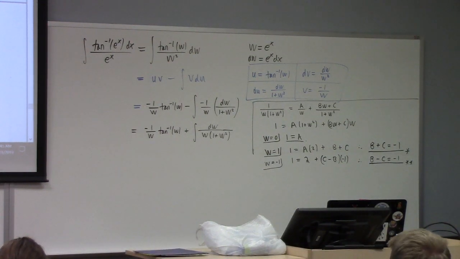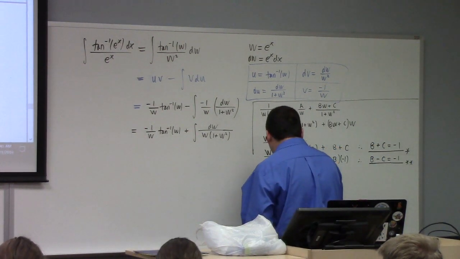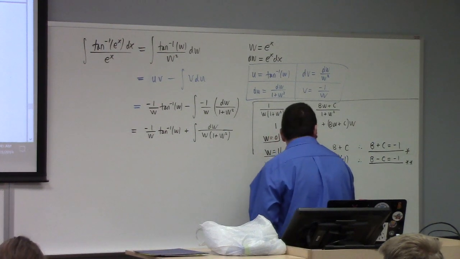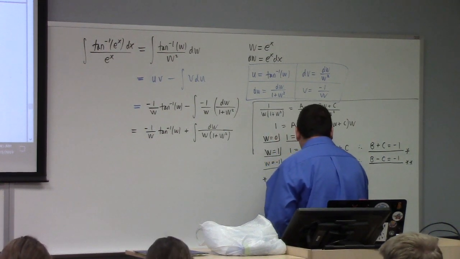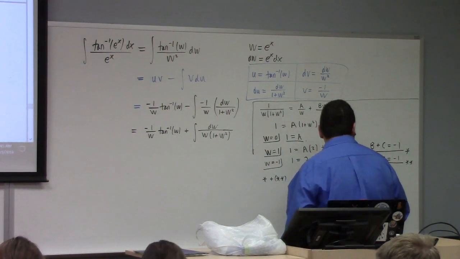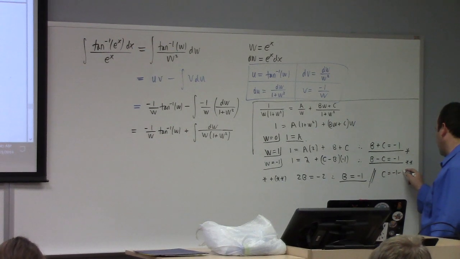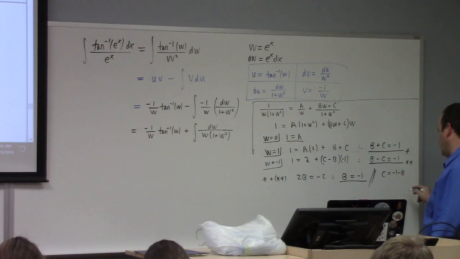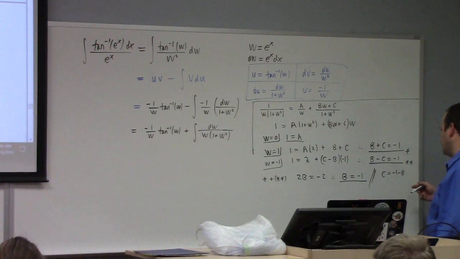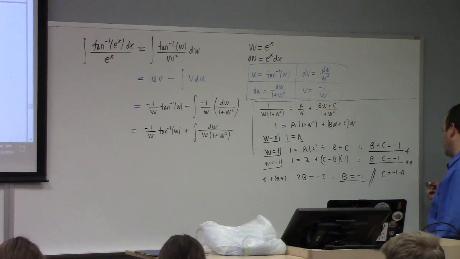If we add equations, what does it give us? Yeah, I get 2b equals minus 2. So b apparently is minus 1. And what's c then? If I take the difference of these equations, I get c equal to 0, right?